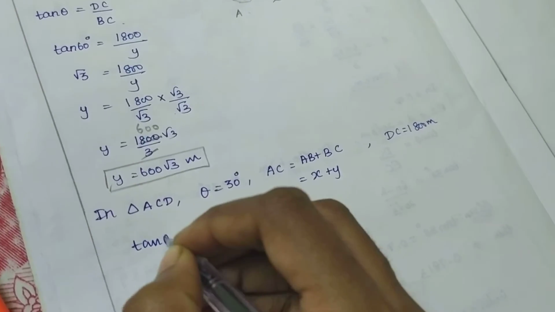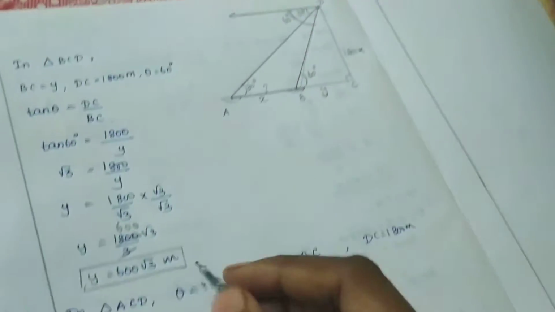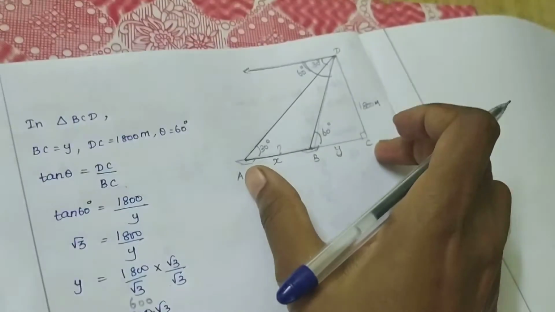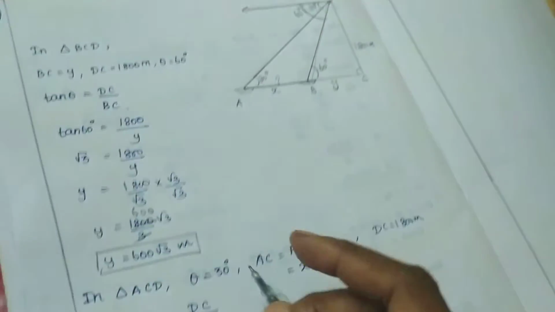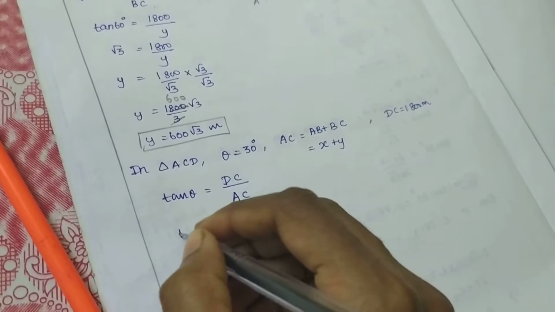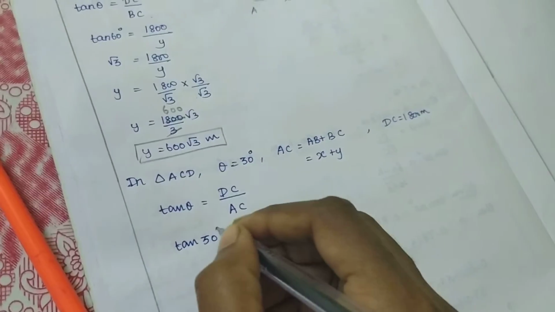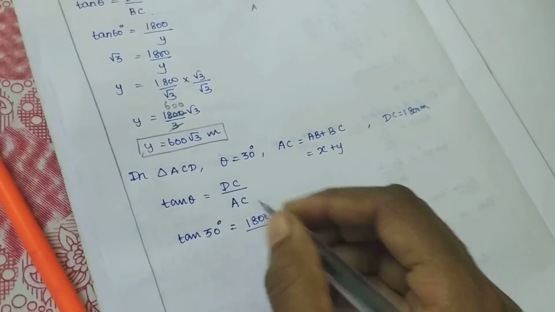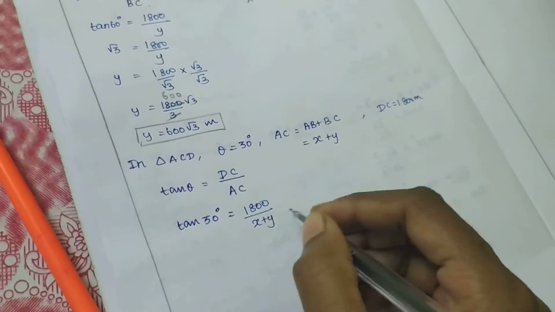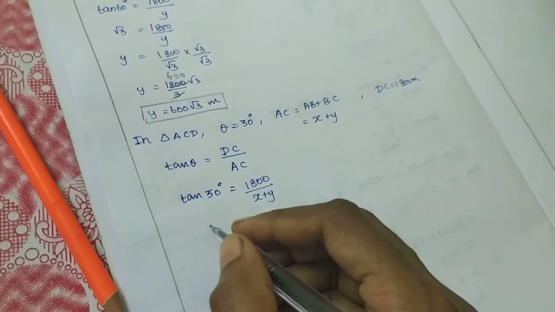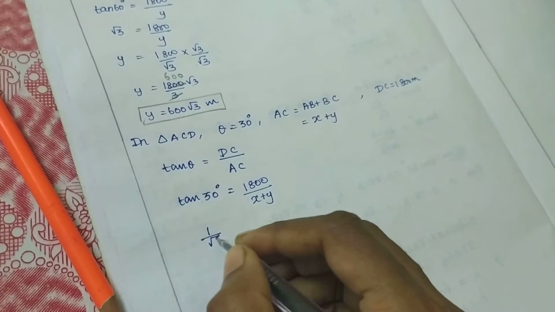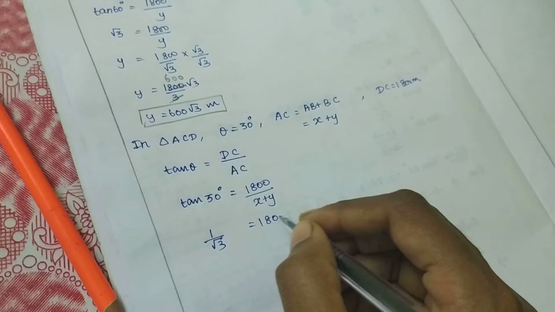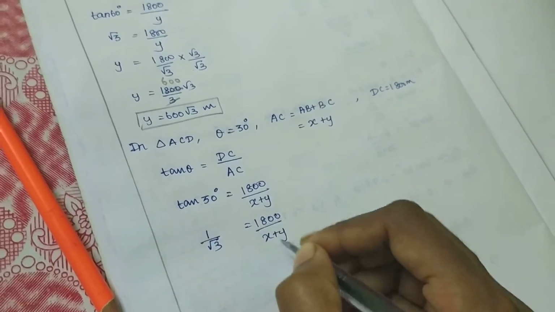So in this place tan theta, which one is opposite? DC. Adjacent is AC. So tan 30 degree is equal to DC by AC, 1800 by AC, which is X plus Y. So tan 30 degree is 1 by root 3 equal to 1800 by X plus Y. So cross multiply.